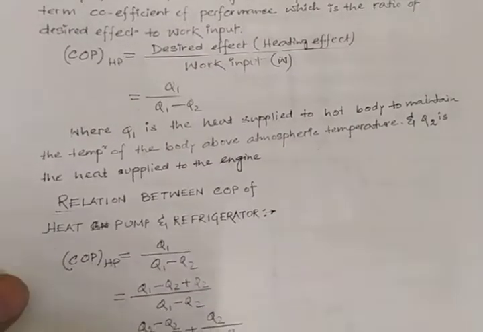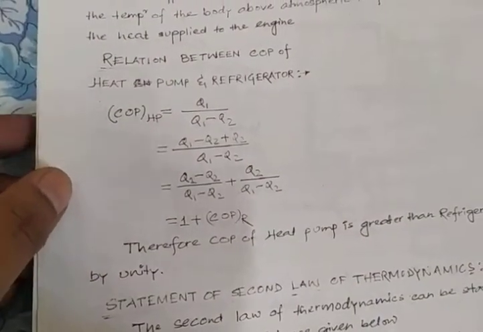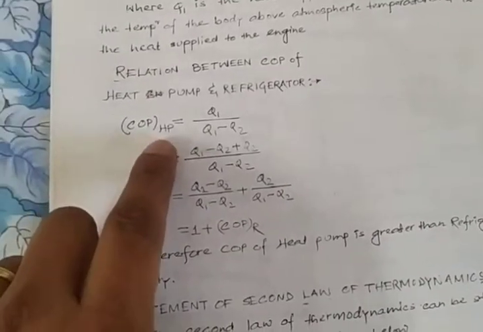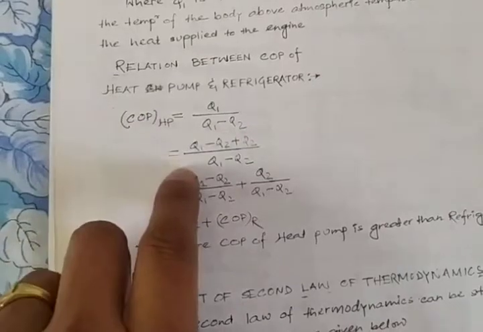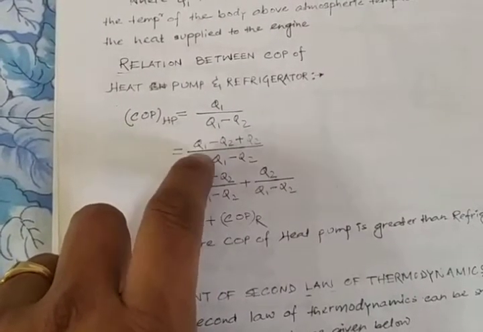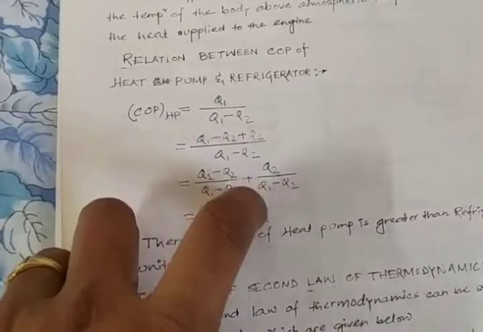Now if you go to the relationship between the COP of a heat pump and of a refrigerator, you will get COP of a heat pump, that is Q1 divided by Q1 minus Q2, is equal to, again you can rearrange this by putting Q1 minus Q2 plus Q2 in the numerator.